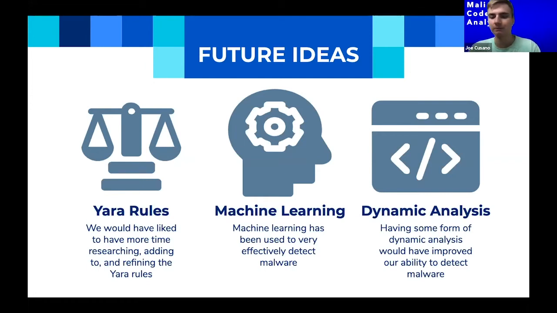And lastly, some form of dynamic analysis would be really good for this tool because sometimes dynamic analysis can pick up things that you can't detect with static analysis. Dynamic analysis being just when you run the file in some type of malware sandbox and then see what the file does once it's run.